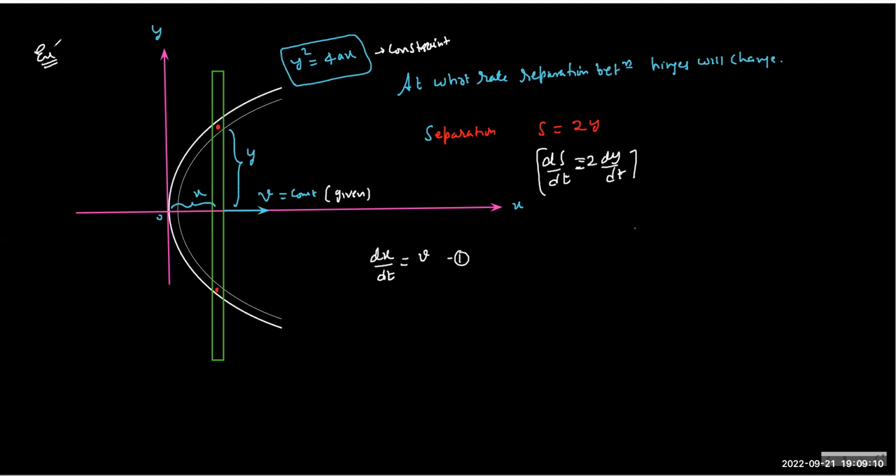So what do we have to find here? ds by dt. So is it 4av by y? Yeah, something like that.